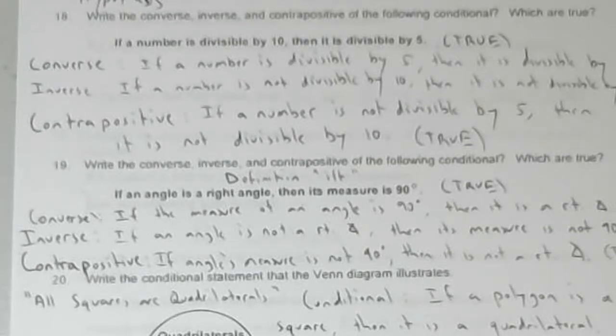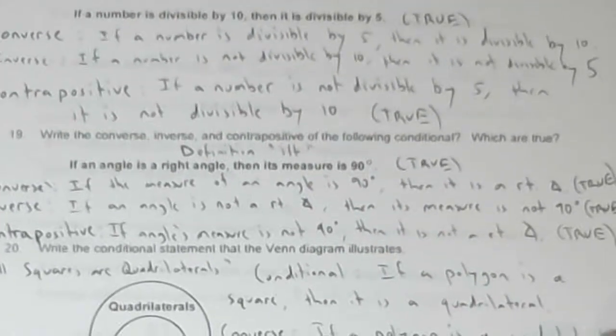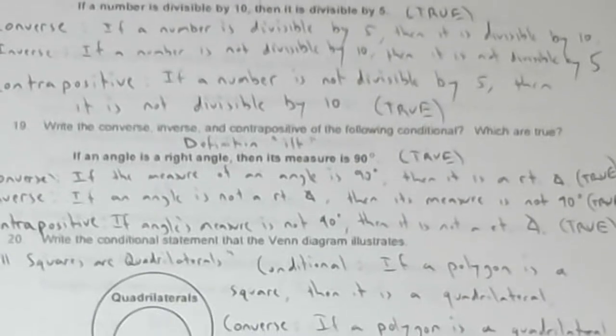The inverse, if an angle is not a right angle, then its measure is not 90 degrees, sorry, that's off the page, that's true. The contrapositive, if an angle's measure is not 90 degrees, then it is not a right angle, that's also true.